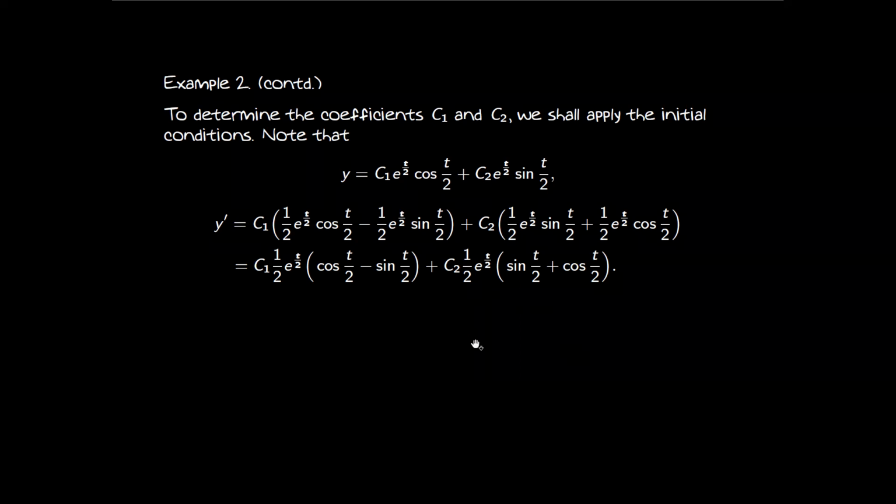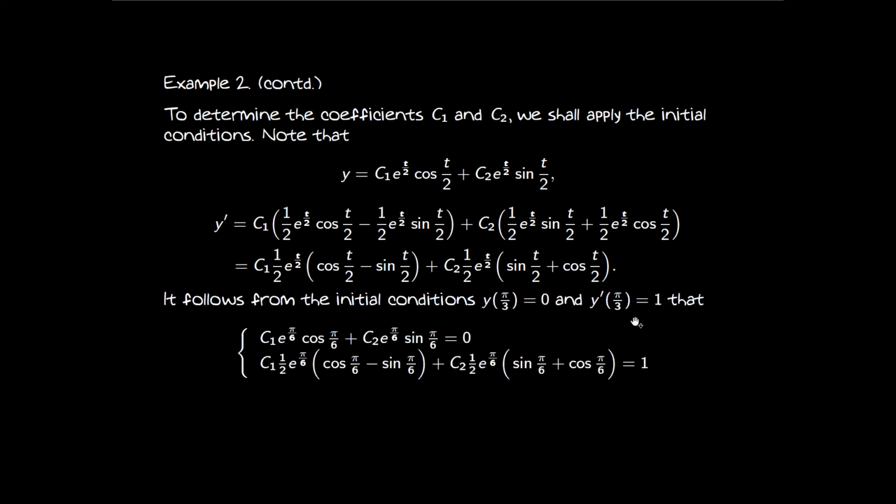And now we can apply the two initial conditions. The first condition means when my independent variable t is pi/3, my y value is going to be 0. So I just replace the t by pi/3, and 1/2 of them will be pi/6, and then my y value is 0.